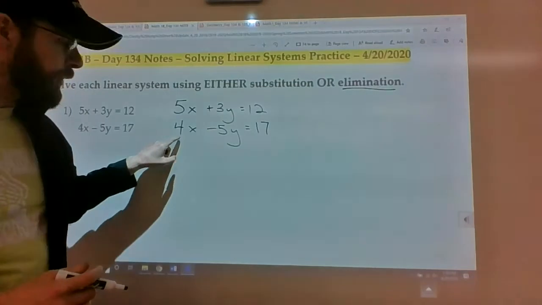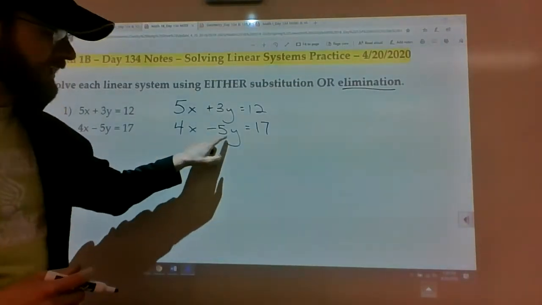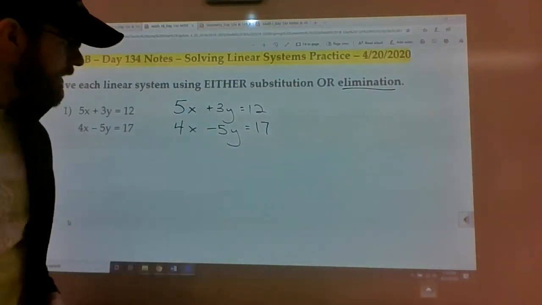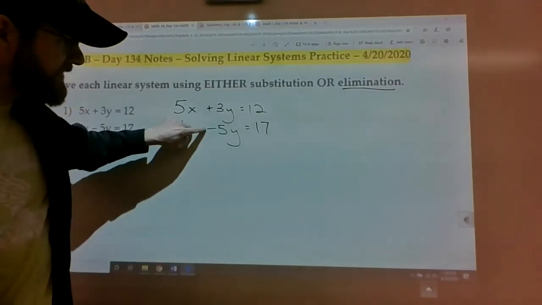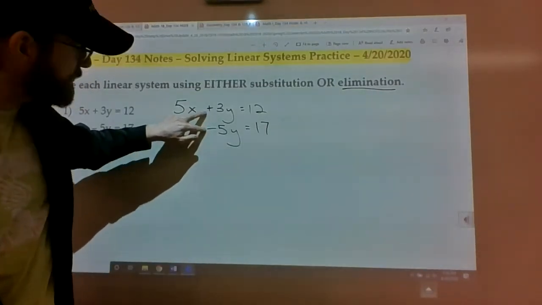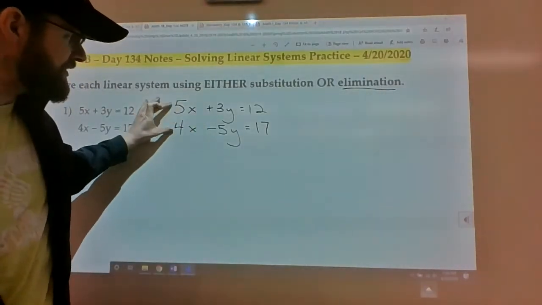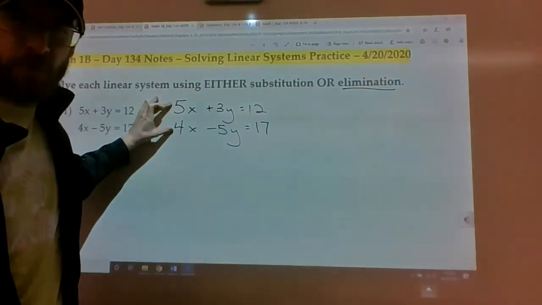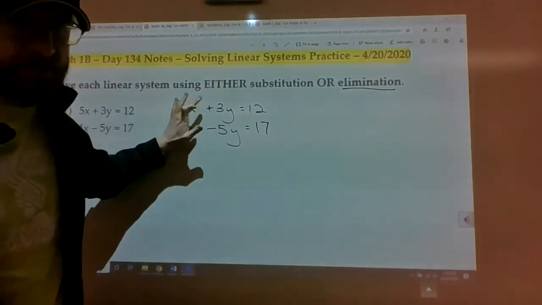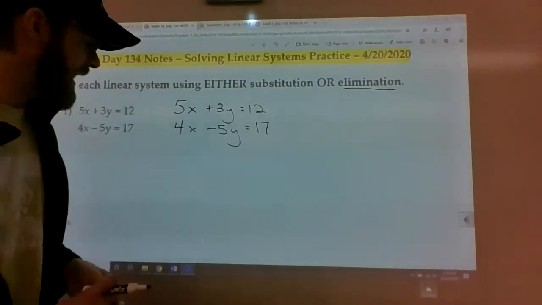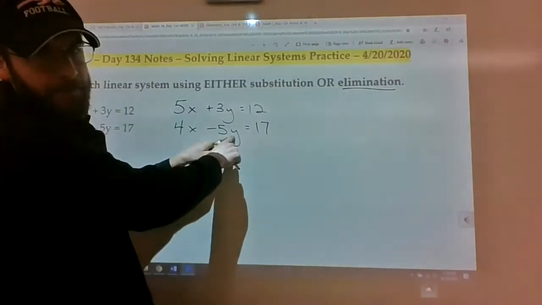Now, the question is, do we want to get the x's to be the same, or do we want to get the y's to be the same? My thought is that if one's negative for the y and one's positive for the y up here, and the numbers are technically going to be smaller to work with, 5 and 4 versus 5 and 3, we can just multiply to get the y's to be the same.